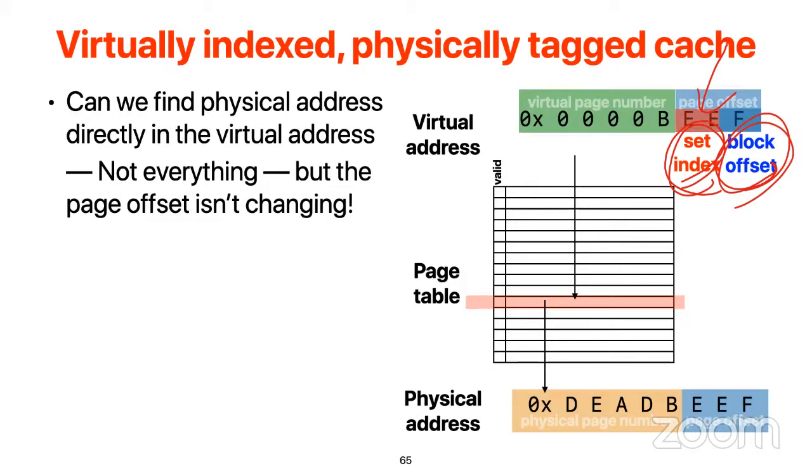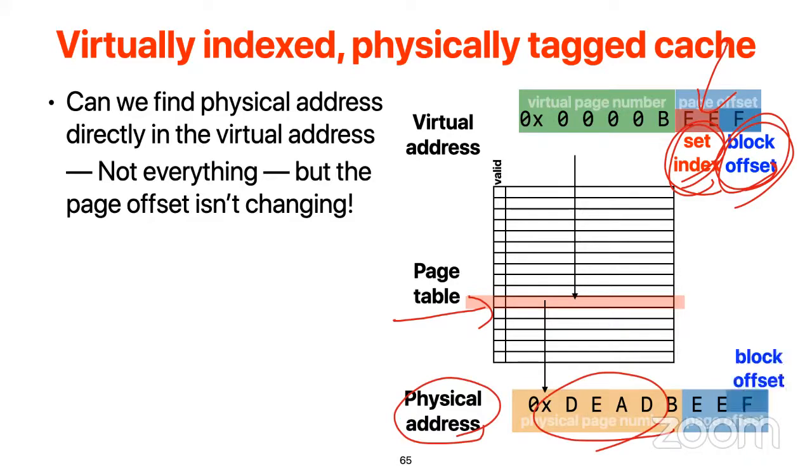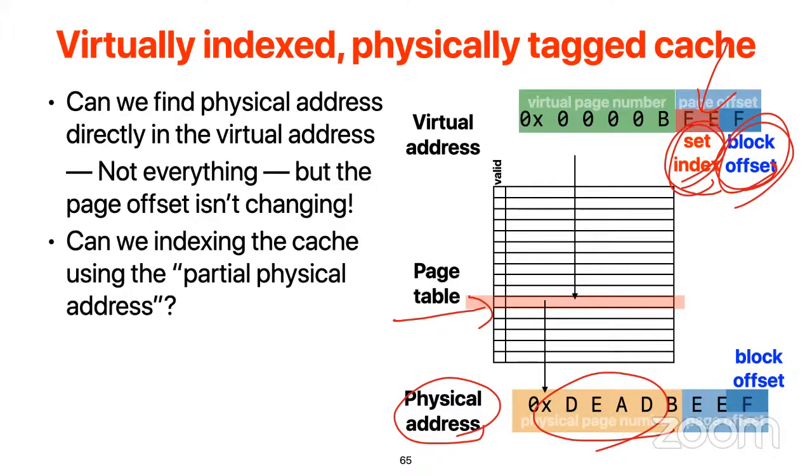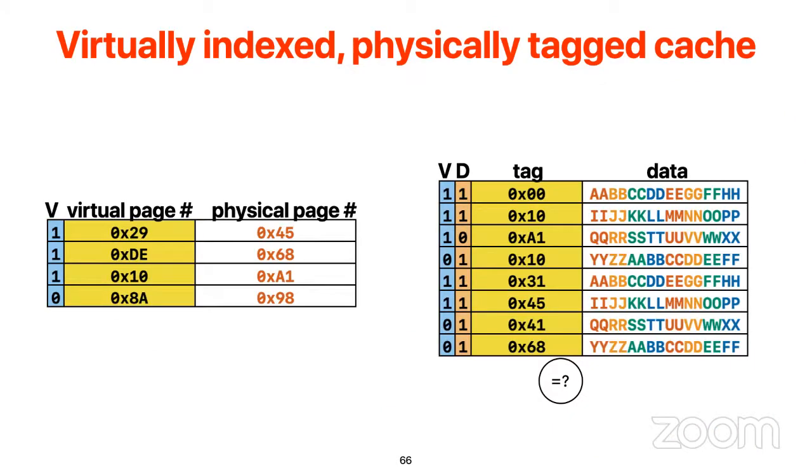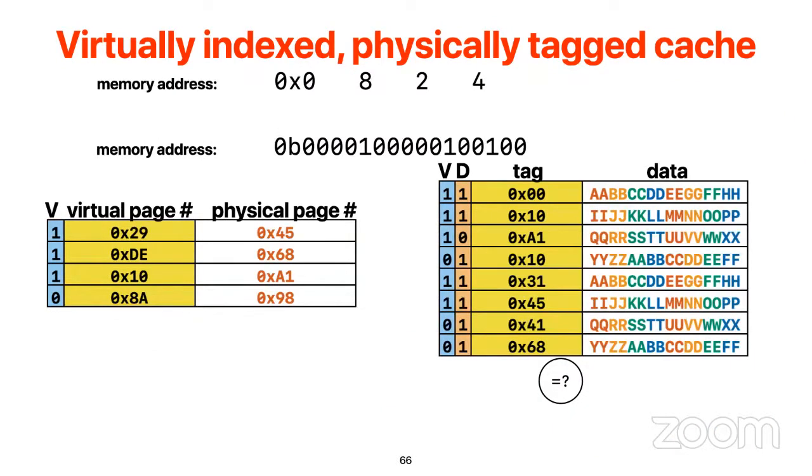But in the tag array, you store the physical address tag. So whenever your TLB lookup is finished, you can compare the physical address tags that you store in the cache. The process is like this. First, you still partition your address, and don't forget the set index and block offset come from your virtual address in the very beginning.